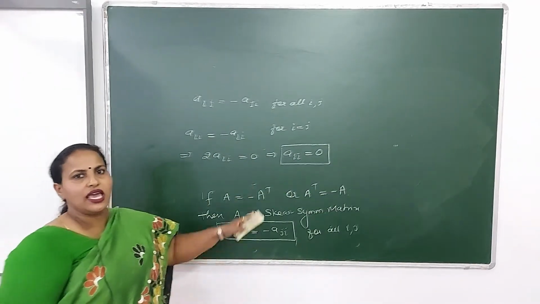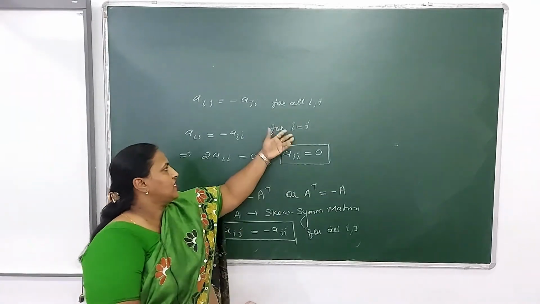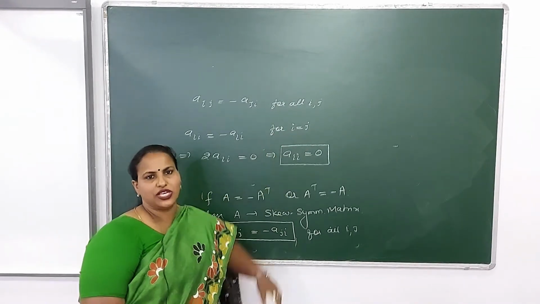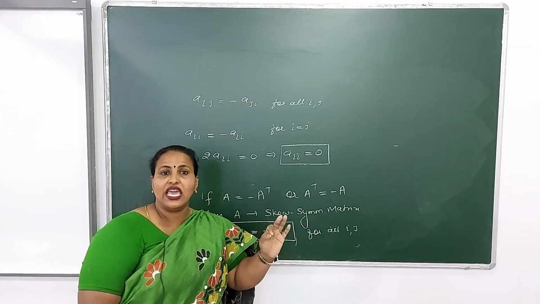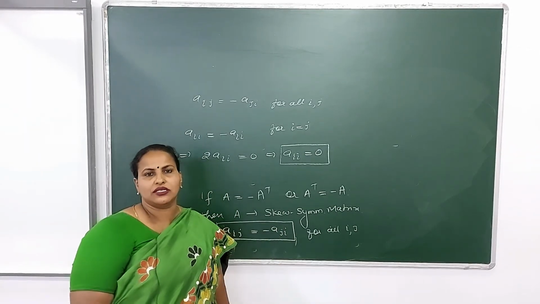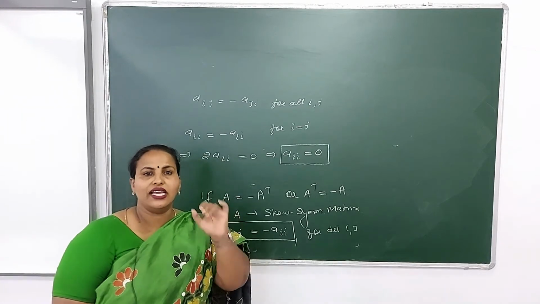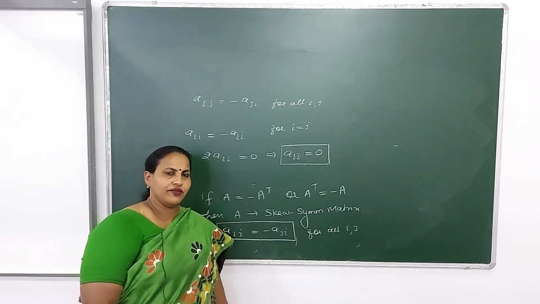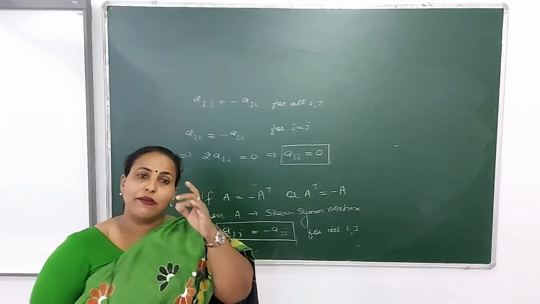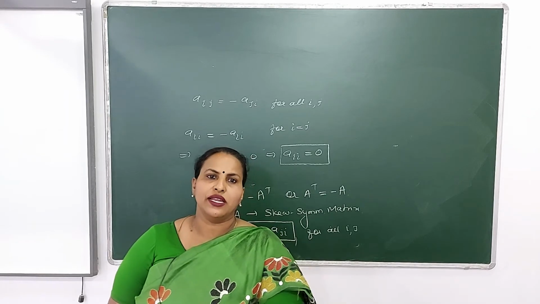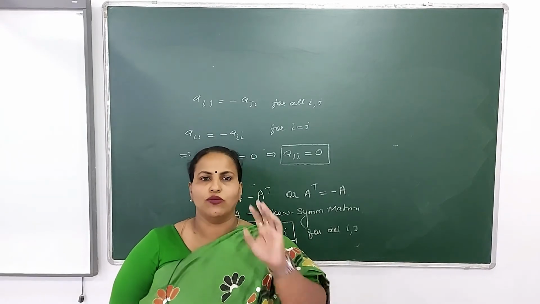Now, what is this Aii equal to 0 when i is equal to j? When i is equal to j, the elements Aij in case of a square matrix are called the diagonal elements. So a very important conclusion: in case of a skew symmetric matrix, the elements placed on the main diagonal are all 0.